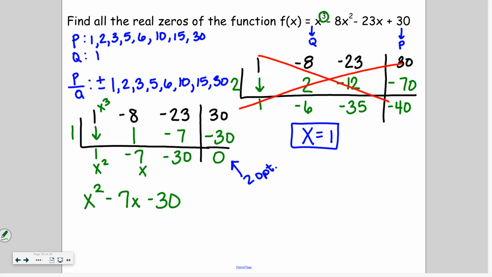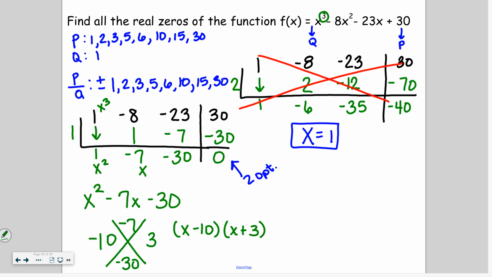Now, it's 3 terms, so how would we factor that one? We would use the x method, so -30, add to get -7, we've got 10 and 3. The 10 is going to be negative. So our factors are x minus 10, x plus 3.